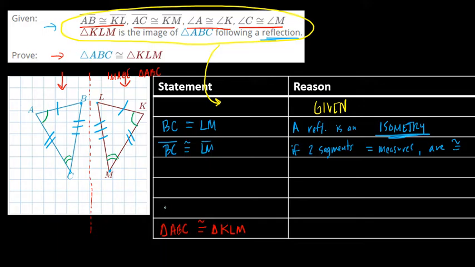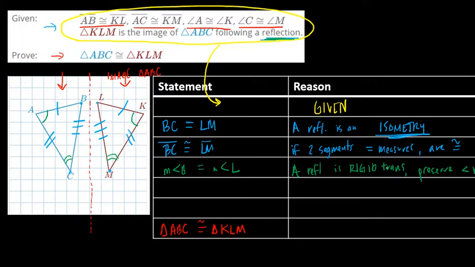Now, similarly to what I did with line segments, I'm going to say that the measure of angle B is equal to the measure of angle L. And once again, I'm calling on my knowledge of this being a reflection. I can say this because a reflection is a rigid transformation, and rigid transformations preserve angle measures.